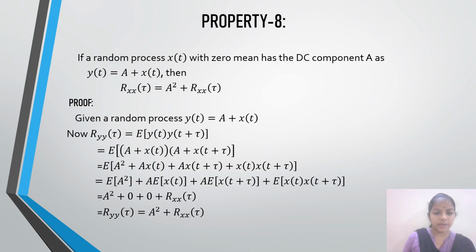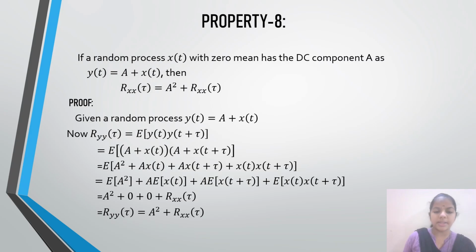First of all, given a random process y(t) = A + x(t), Ryy(τ) is, from the autocorrelation function, E[y(t)y(t + τ)], which equals E[(A + x(t))(A + x(t + τ))]. We substitute y(t) = A + x(t) from equation 1. Multiplying within the brackets, we get E[A² + Ax(t) + Ax(t + τ) + x(t)x(t + τ)].